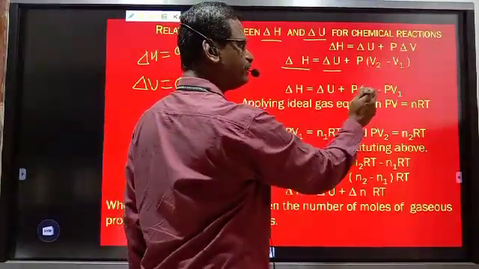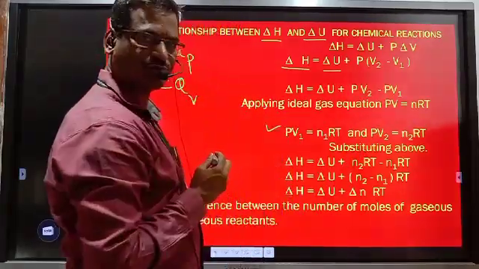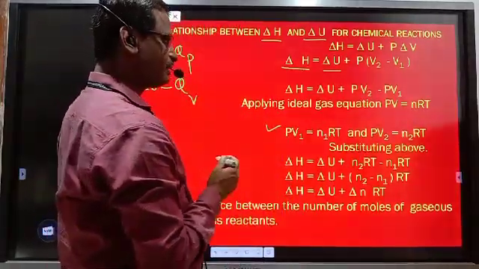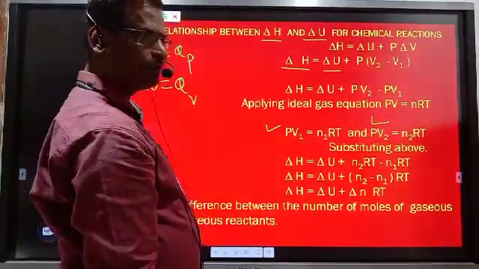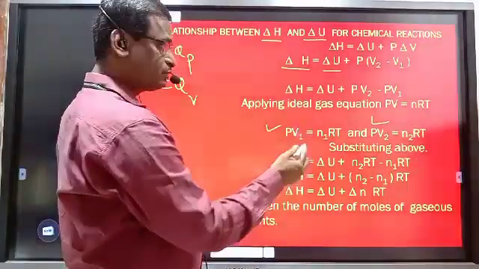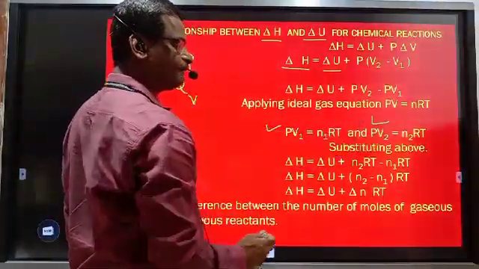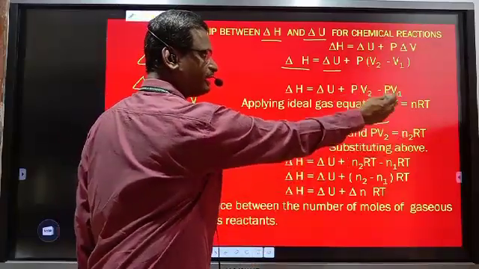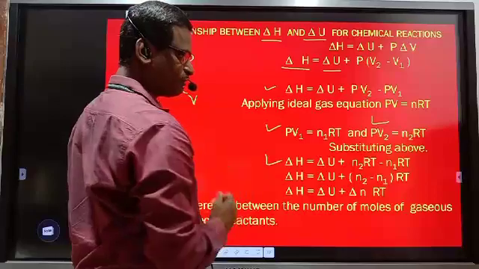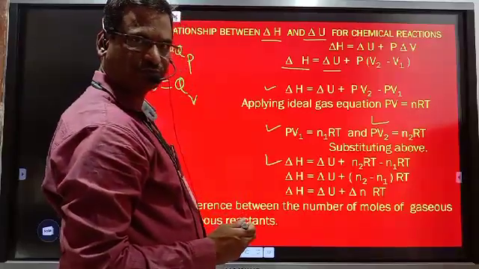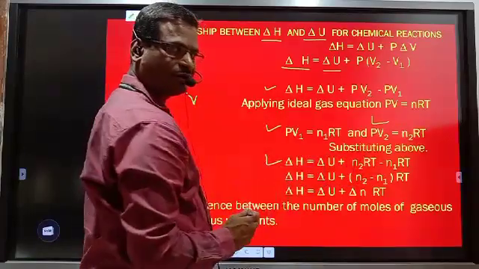By solving this, PV2 minus PV1, we know the ideal gas equation for the initial state and final state of the system: PV is equal to nRT. So PV1 is equal to n1RT, PV2 is equal to n2RT. PV2 is replaced by n2RT and PV1 by n1RT. Delta H is equal to delta U plus n2RT minus n1RT.